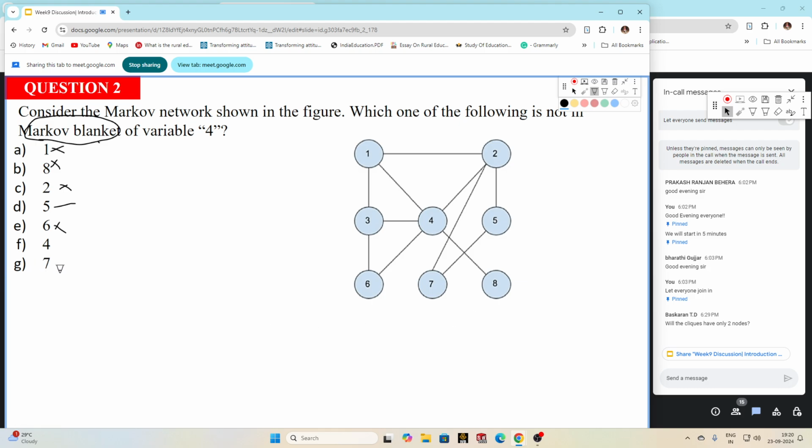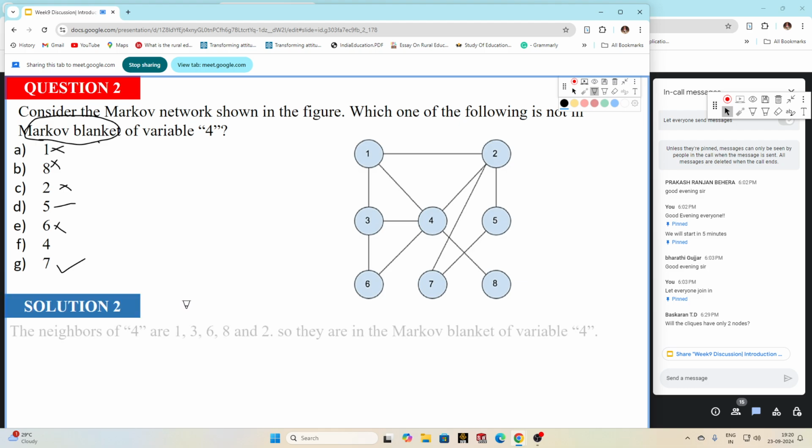Yes, 7 is not in the Markov blanket. For 4 we cannot say anything about 4 itself. So 5 and 7 are not in the Markov blanket of 4. So D as well as G is the correct answer.